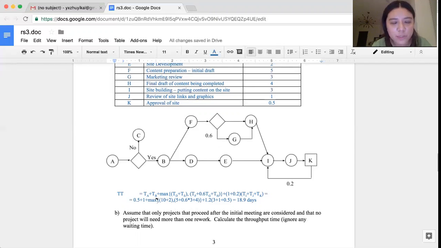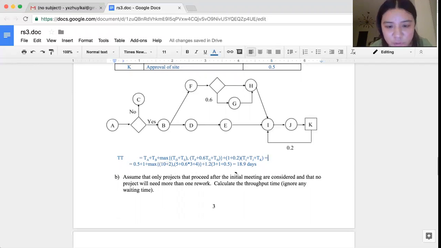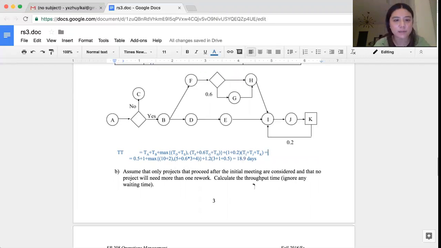So we choose the bigger one, which is 12, plus the 1.2 times step I, which is 3 days, 1 day, and 1/2 day, and the final number is 18.9 days.